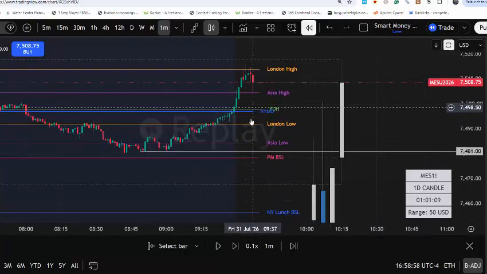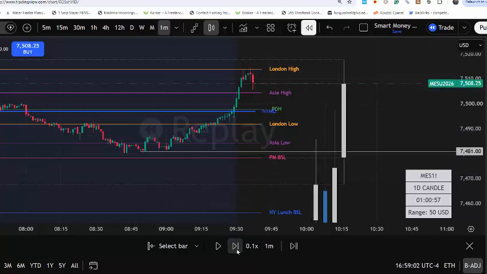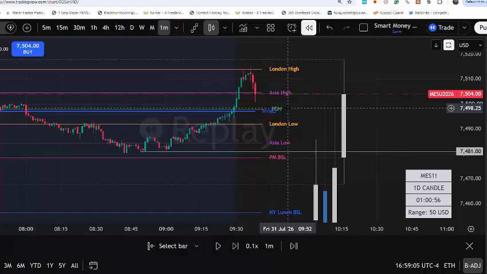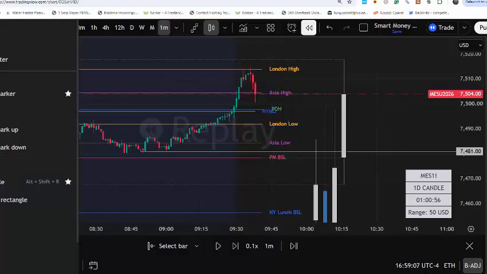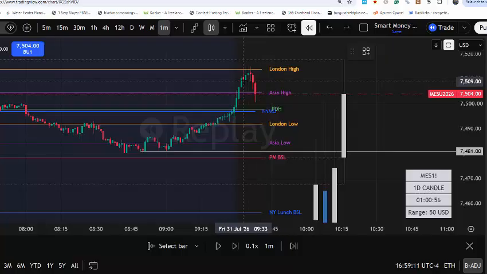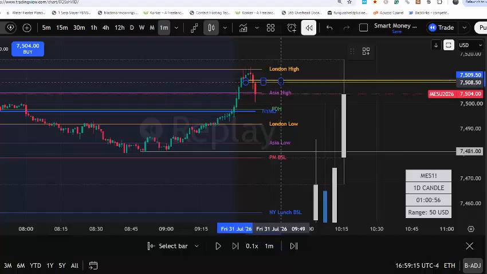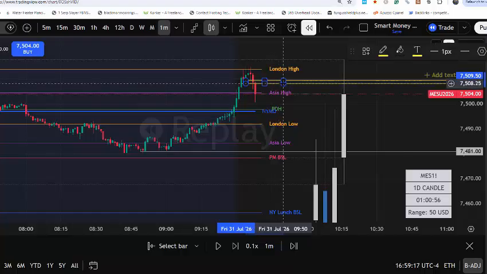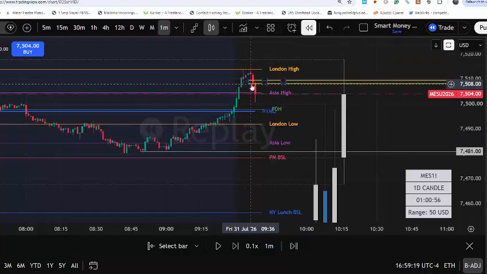So now this is where I'm thinking, okay, we got a shot here, right there. That is the very first little small fair value gap, right there. It's at 9:38.